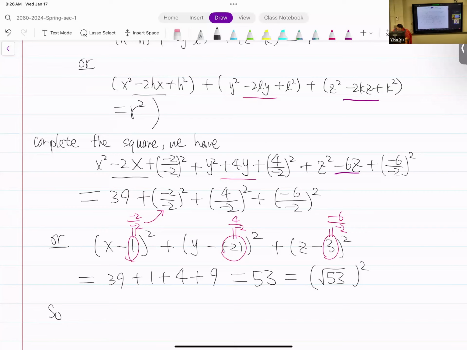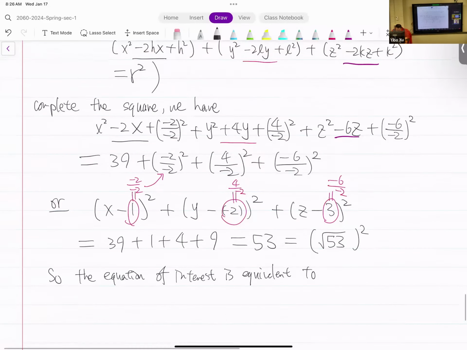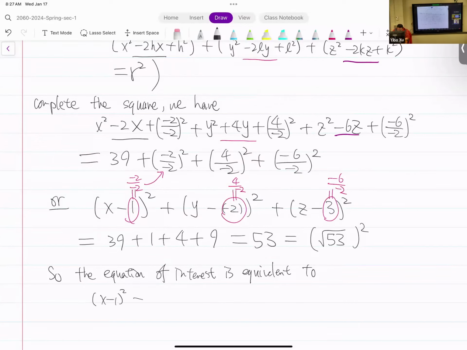So the equation of interest is equivalent to the following, which is x minus 1 squared plus, now we see we have y minus -2, which is y plus 2 squared, plus z minus 3 squared, on the right hand side equals the square root of 53 whole thing squared.